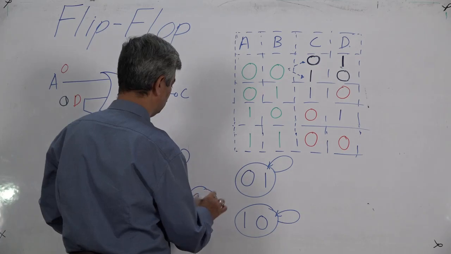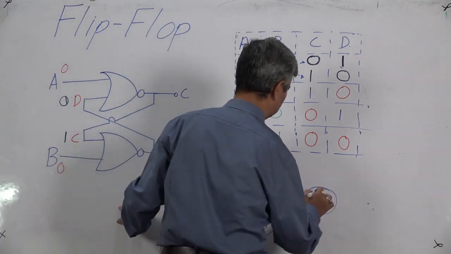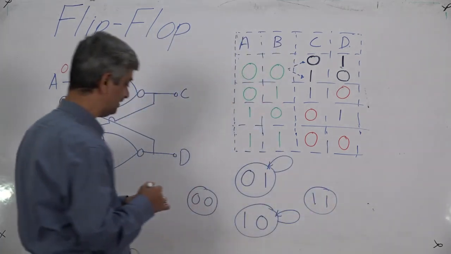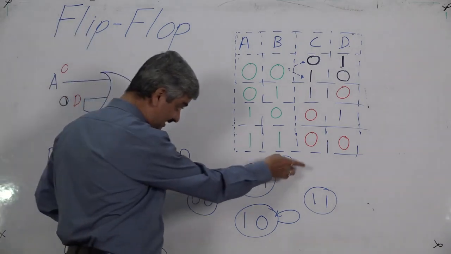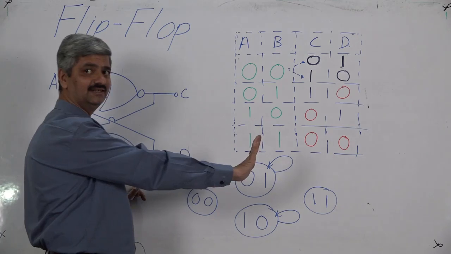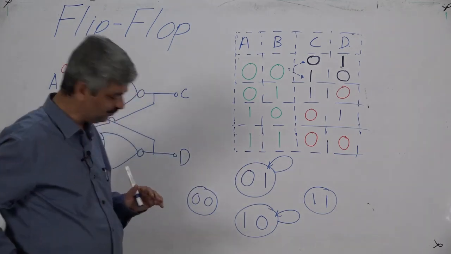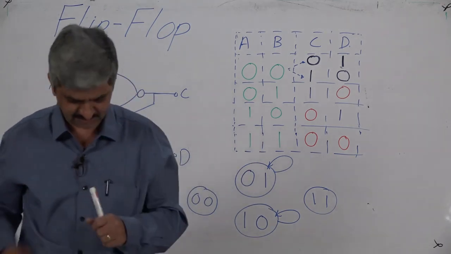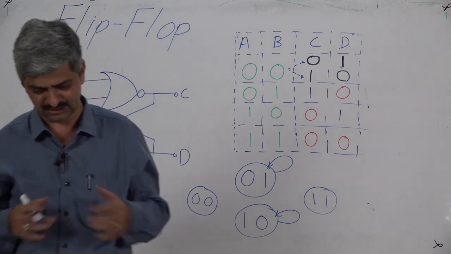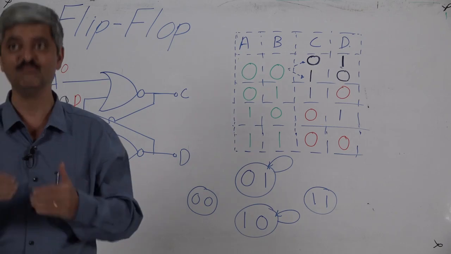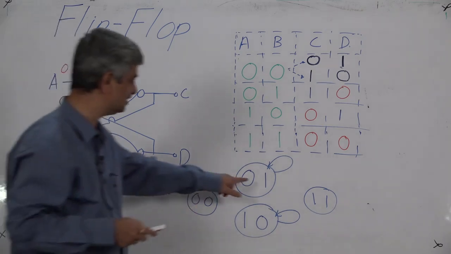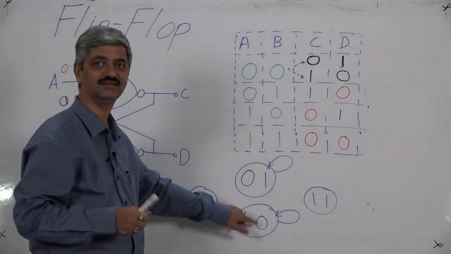State 0 1 or state 1 0, there is an arrow meaning stable state. If you think of some kind of logic like Hindu mythology, that is birth, death and moksha. So these are moksha states, salvation.